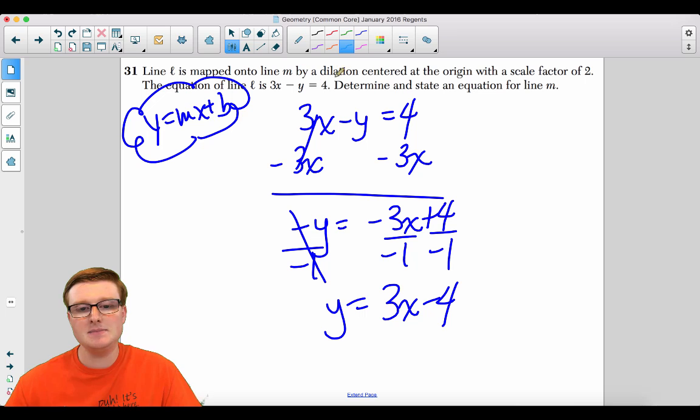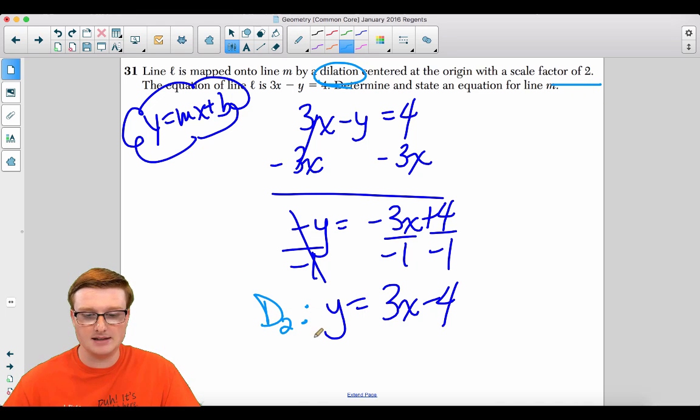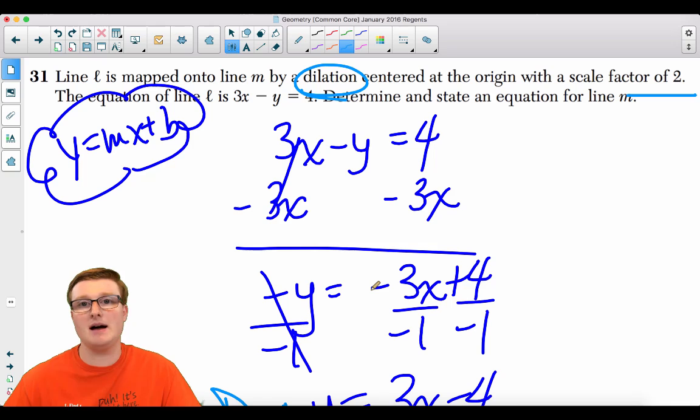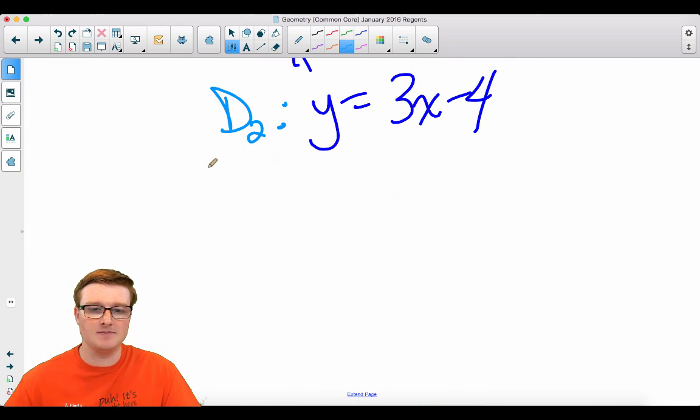Now, it says it's being dilated. When you dilate a line, because it is now being dilated by a scale factor of 2, we're going to dilate this line by a scale factor of 2, but we need to talk about this for a second. What are we doing? Well, a dilation by a scale factor of 2.